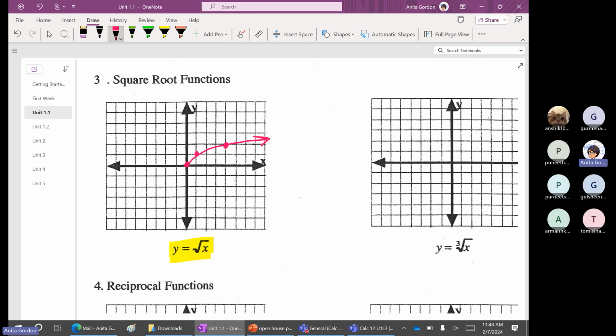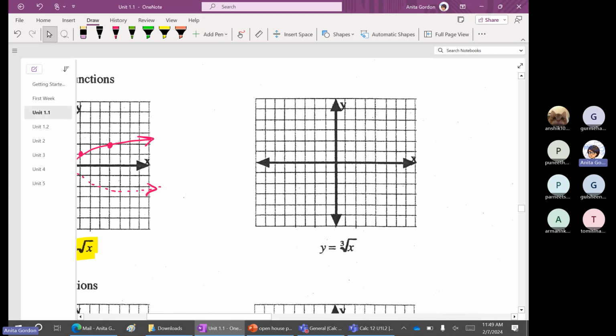Same points, but inverse, like it's flipped over to its side. It doesn't have a negative side. Ideally, in theory, it does exist, but mathematically we cannot plot it because we can't take the square root of negative numbers. But essentially, root functions are the inverse of power functions.